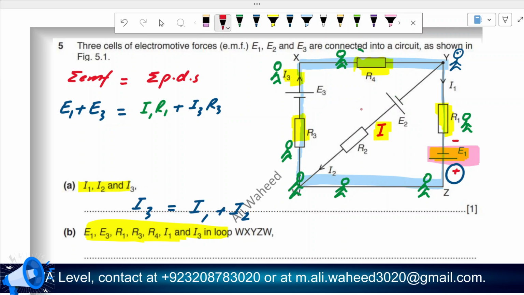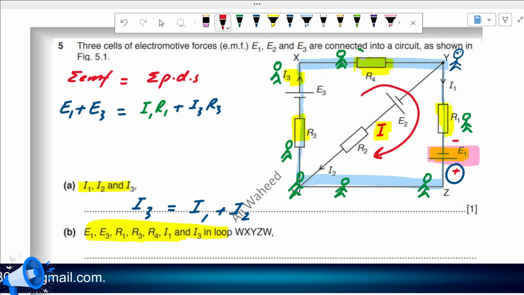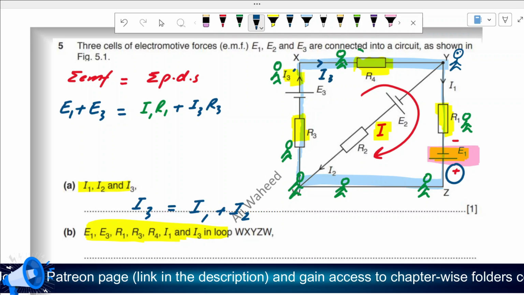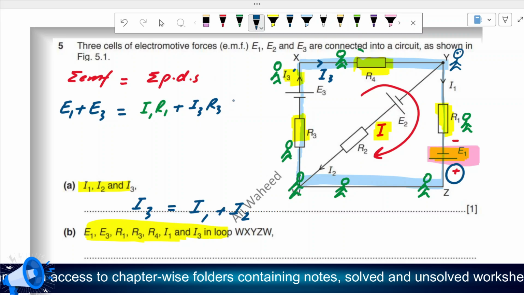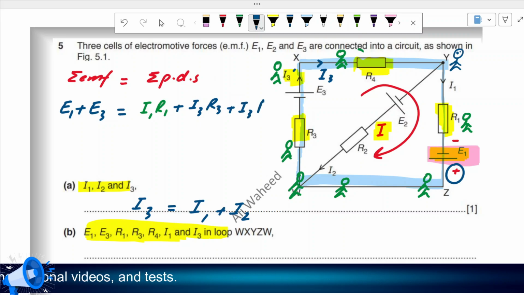How much current is passing through that one? If I trace this current, I3, then it's the same current that would flow through here. So what is the potential difference across R4? It is I3 R4.